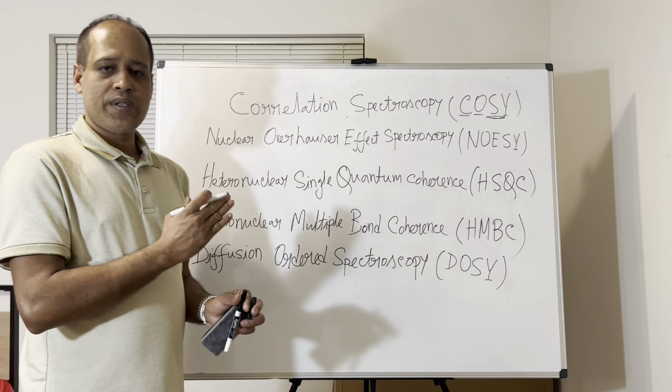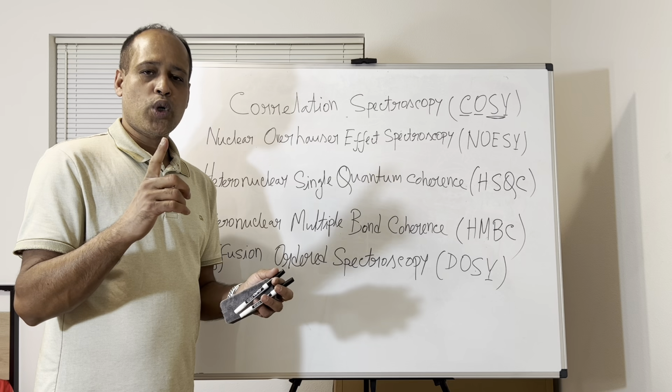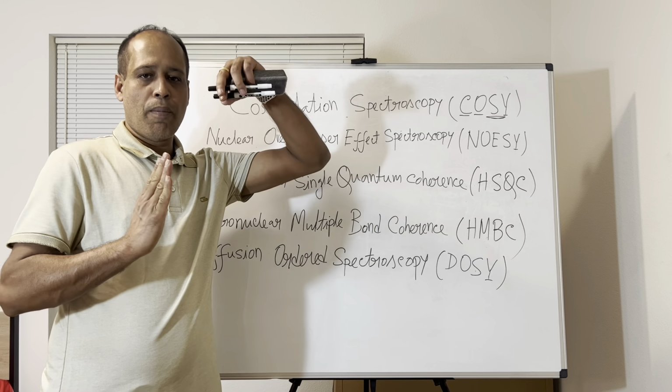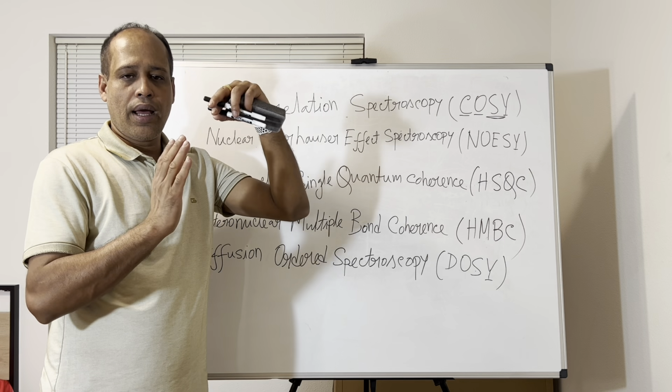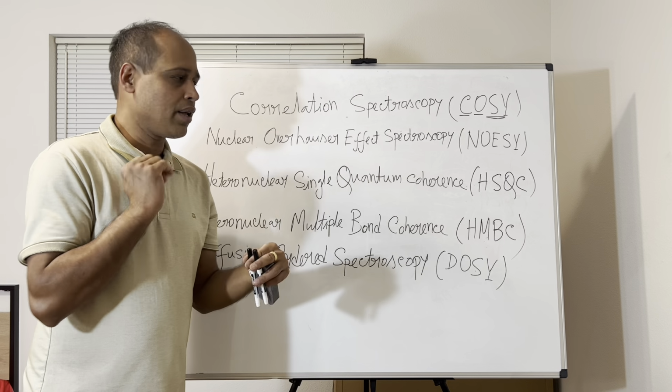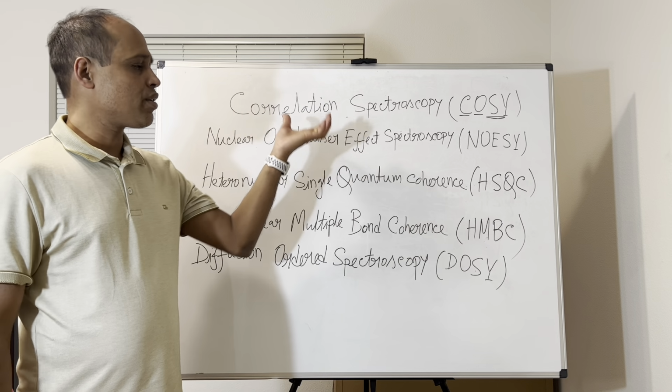In COSY, the same compound's proton and proton are compared in two dimensions, on the x-axis and y-axis. Why it is done, I'll tell you. Just now know the name, correlation spectroscopy.